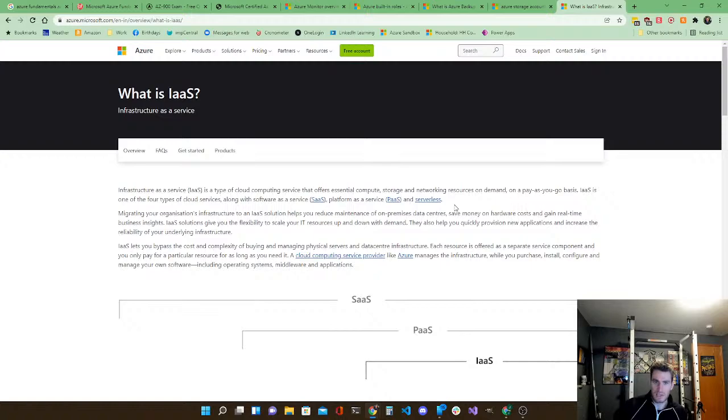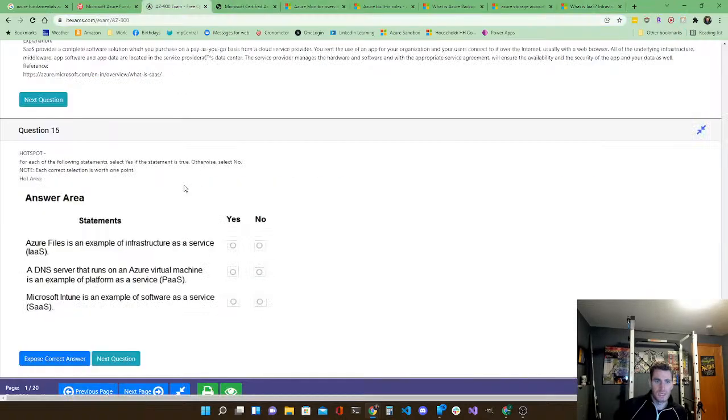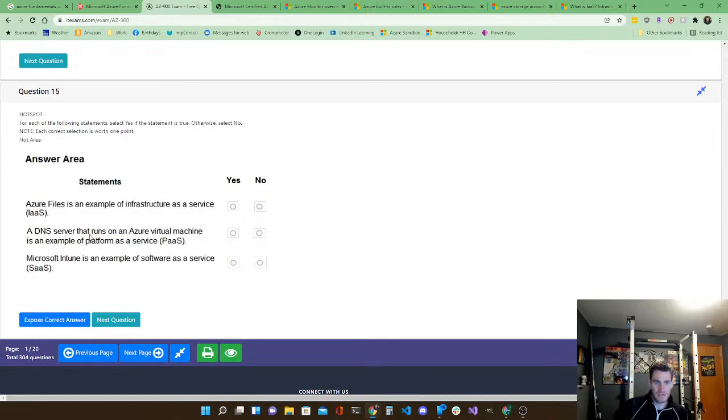So I think that's kind of where we draw the line. Okay. So then it would be yes. A DNS server that runs on an Azure virtual machine is an example of platform as a service. That would be no, because it's a virtual machine.